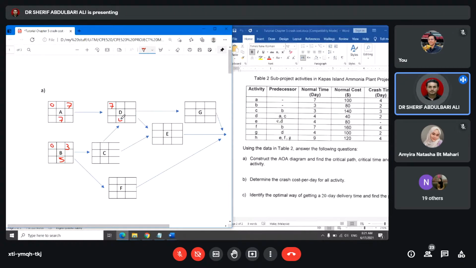So here is going to be 11, and you go for activity C, it will start at 3, and also activity F starting at 3. So activity C is 3 days. So here is 6. Activity F 7 days. So it's 10.